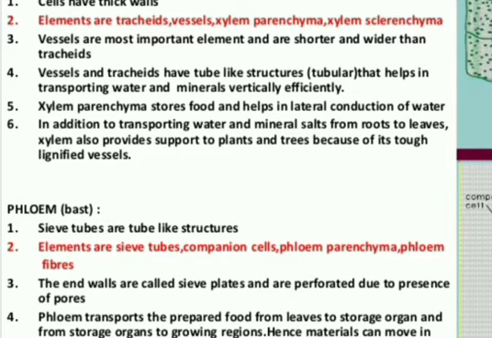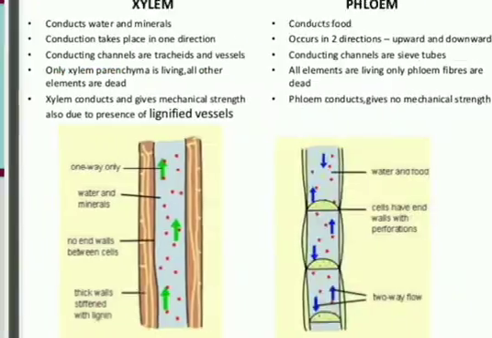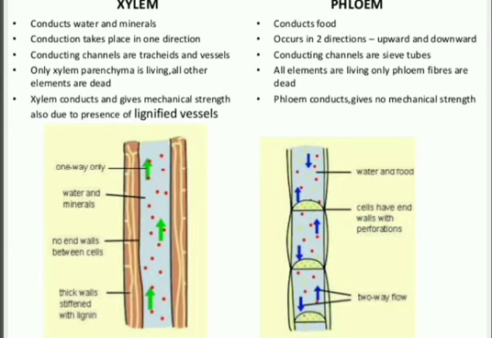Phloem is used to transport the prepared food from leaves to the storage organs, and these storage organs provide this food material to the growing regions, like the tips of shoot and root. Phloem works in both directions, whereas xylem works in one direction, vertically upward.